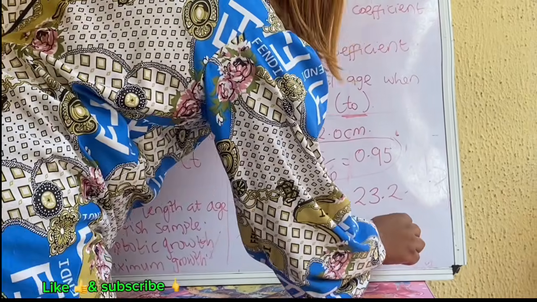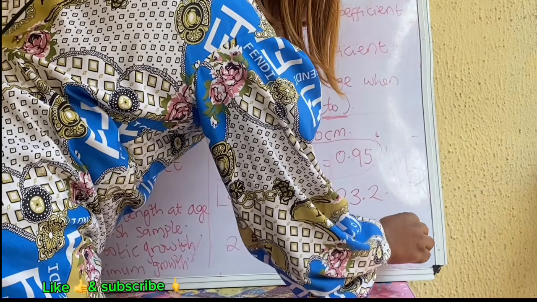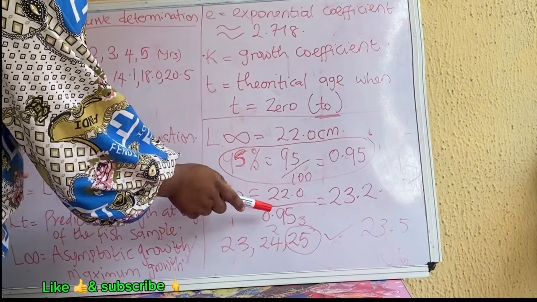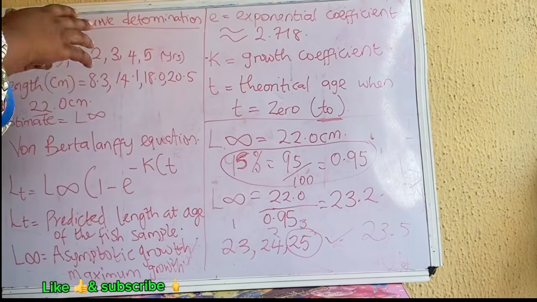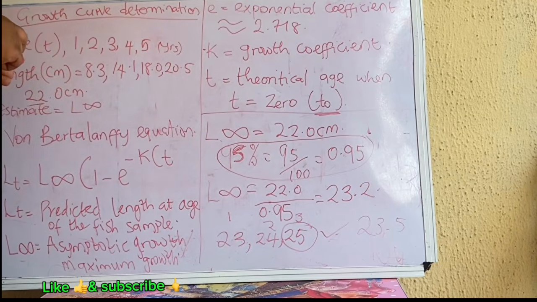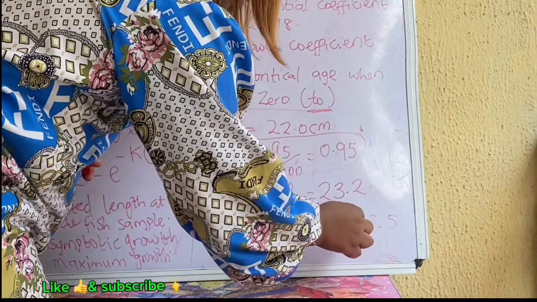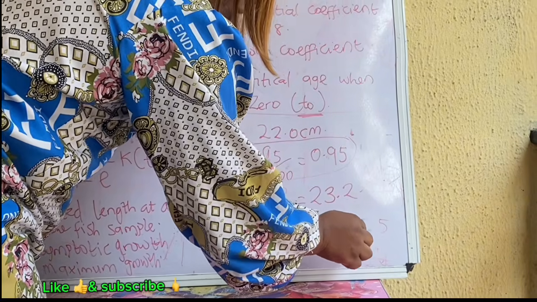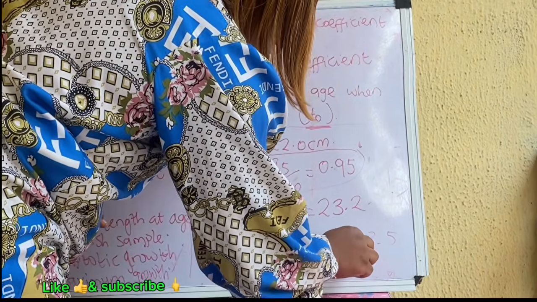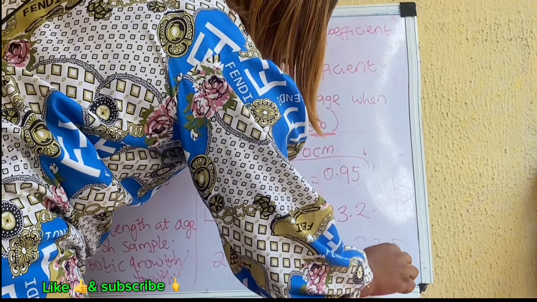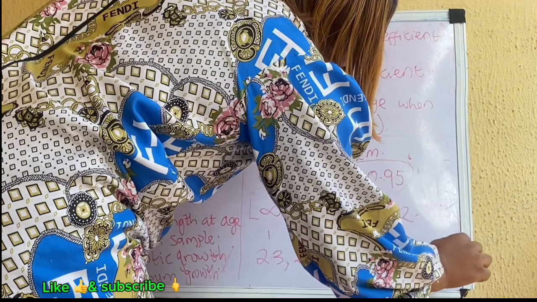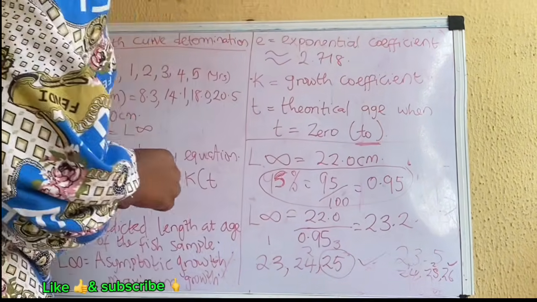Even if you have 23.5, you can approximate to 24, then 25, then 26. So you can use either 25 or 26.